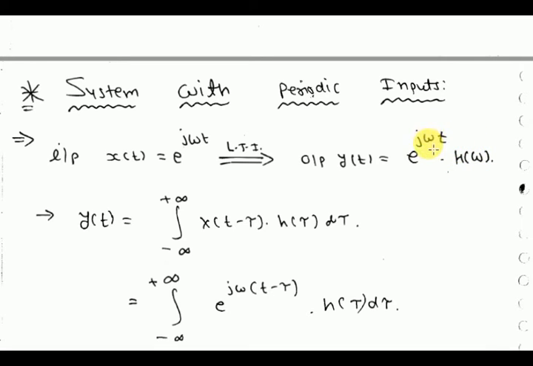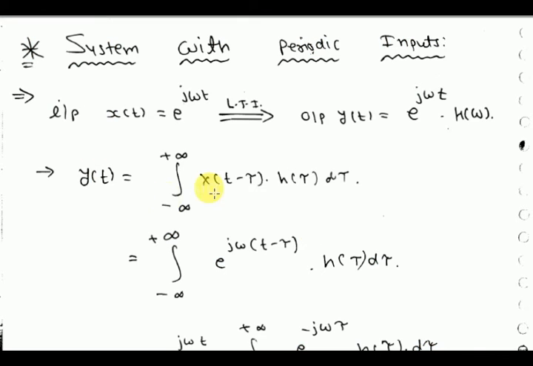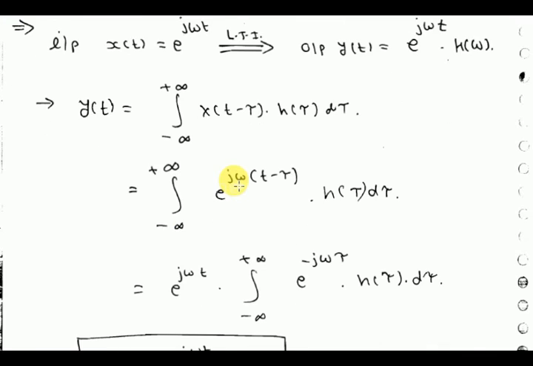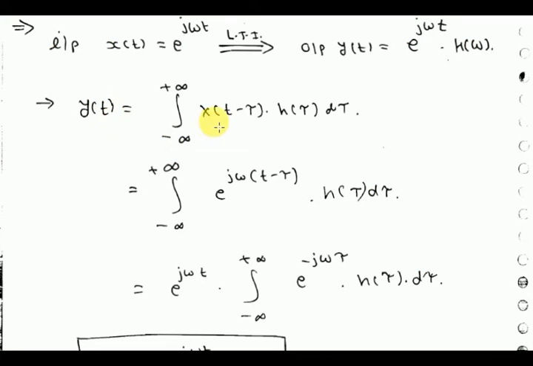Whatever frequency is at the input, we put that frequency into h of omega and calculate it. How do you prove it? It is very simple. For any LTI system, the output y of t equals the integral from minus infinity to plus infinity of x of t minus tau, h of tau, d tau, using the convolution formula.